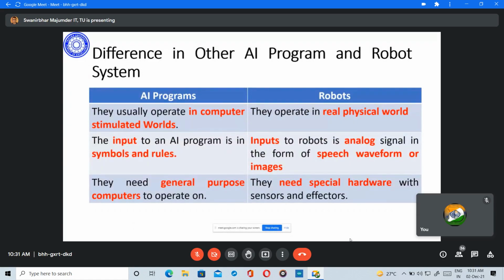In an AI-based program, you have a computer simulated world, whereas robots work in a physical world. So robots take steps here and there, whereas in AI you just simulate the things, and it is simulation based.